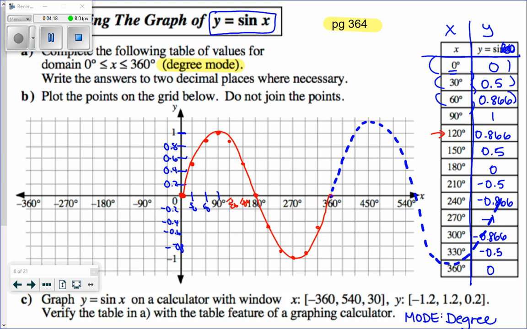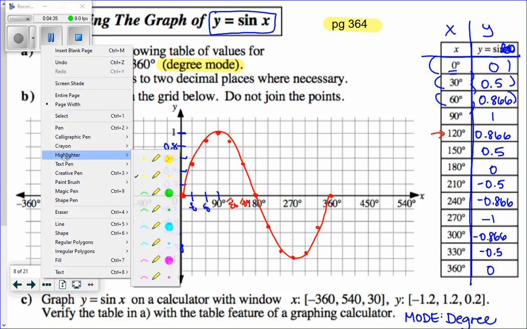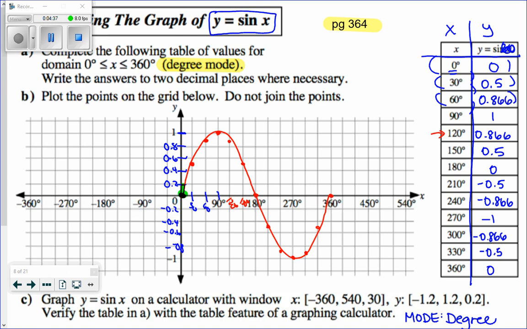And same thing this way. This is what we call a periodic function because this funky little wave goes up, down, up. That pattern repeats, repeats, repeats.